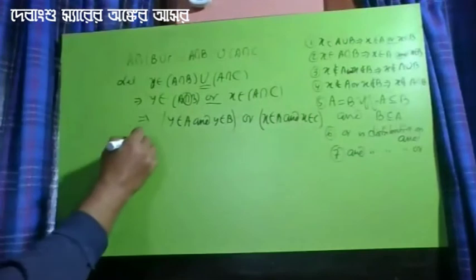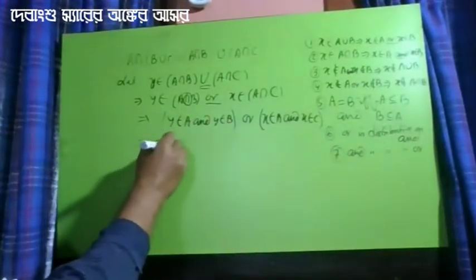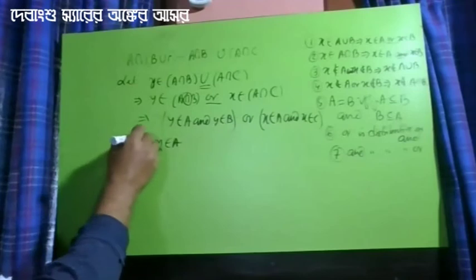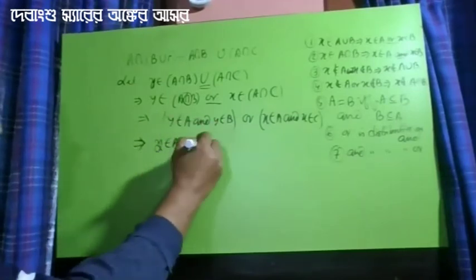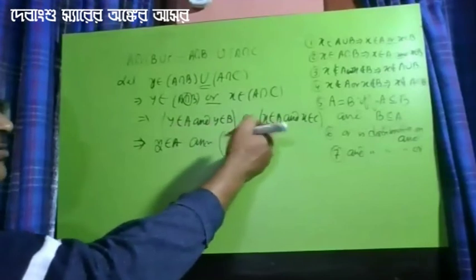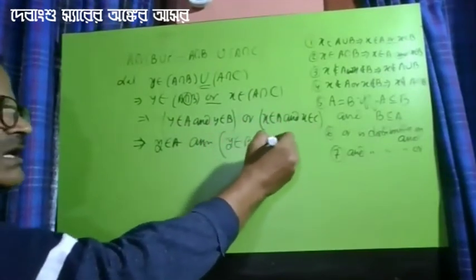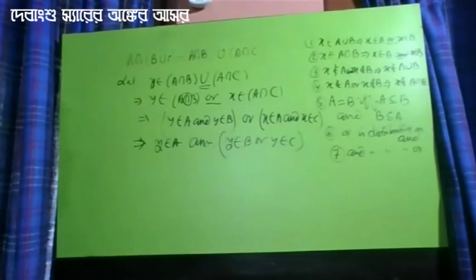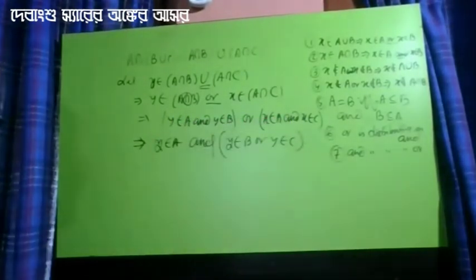Now you see that there is OR, and by the distributive property, Y belongs to A will come out of the bracket and OR will include Y belongs to B or Y belongs to C. Now to apply the distributive property, you will have this expression.